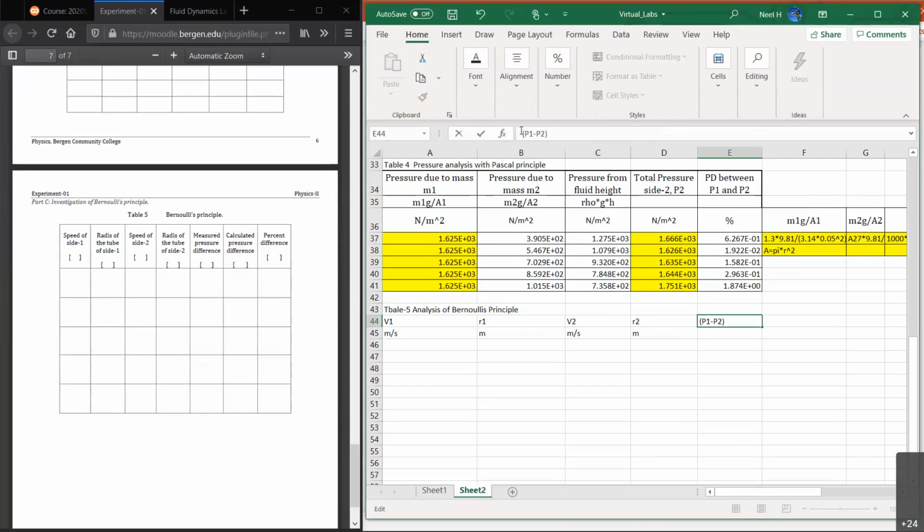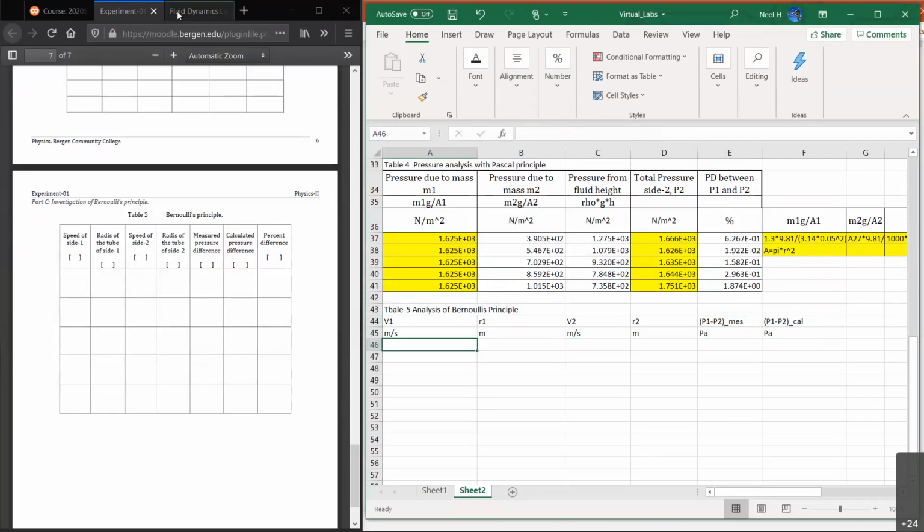You can say OBS for observed or MES for measured. Then the same pressure difference but calculated, P1 minus P2 calculated. These are in Pascal.